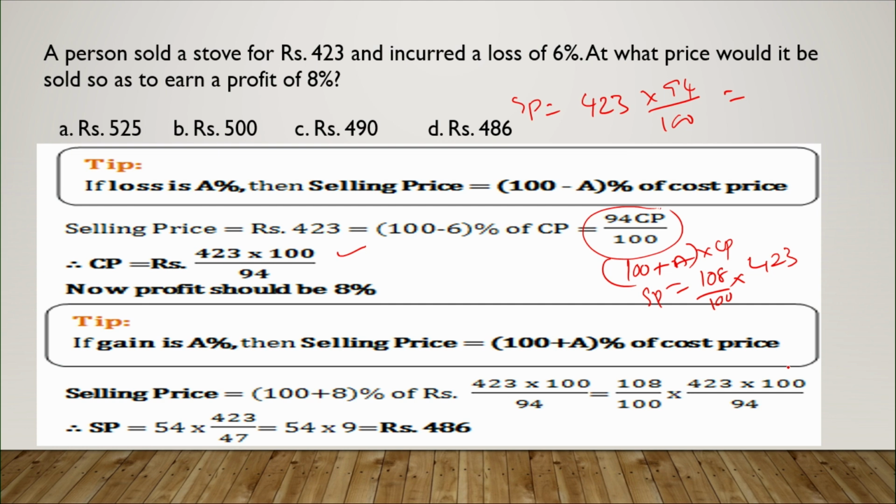When you simplify it, this is very clear. The 50 and 50 get cancelled, so it becomes 54 by 47 into 423. So, you can calculate as 47 nines, means 54 nines, simply 486 rupees. So, like this you can calculate the value, clear.